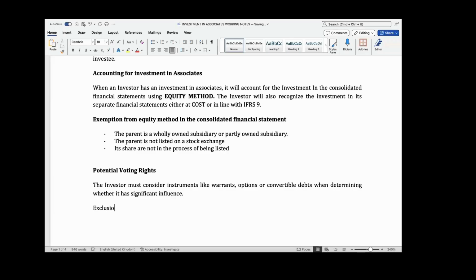Also, exclusion of an associate from consolidated financial statements.